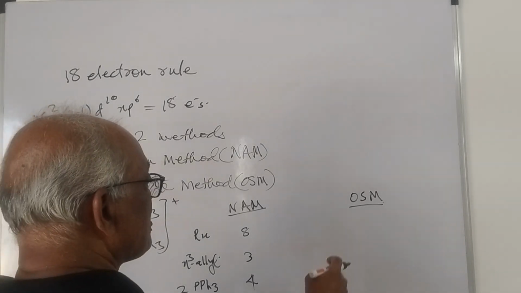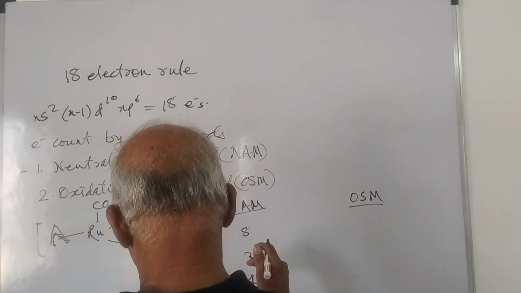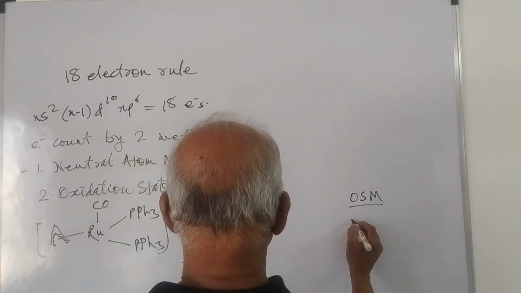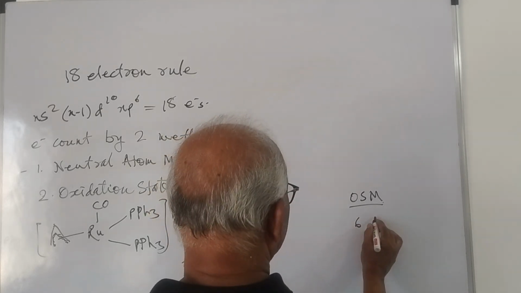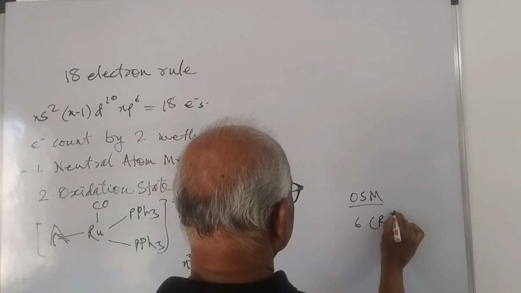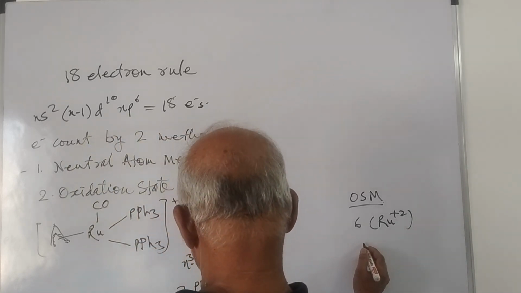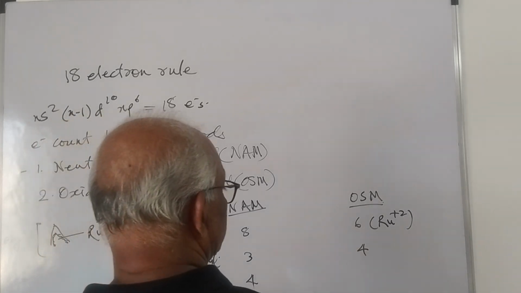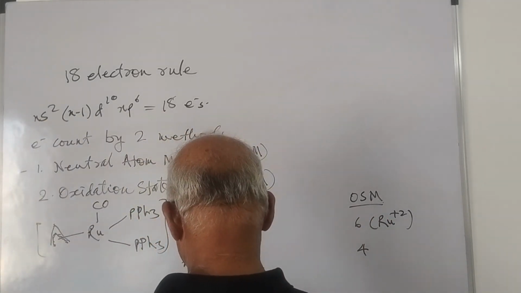Now if we use the oxidation state method, the Ru is in 2 plus state, so the electrons contributed by the ruthenium are 6. Then the allyl group is contributing 4 electrons, because we are considering the oxidation state method.